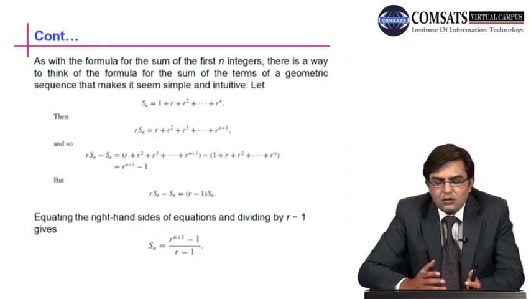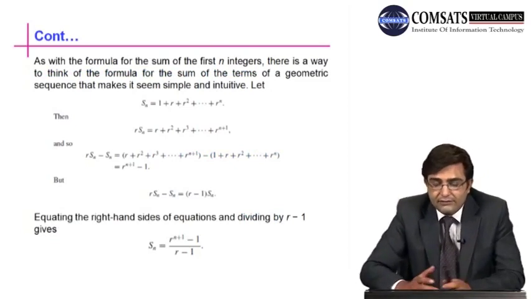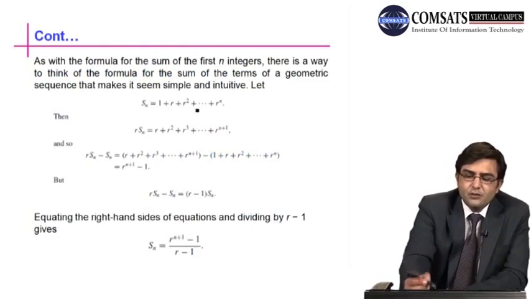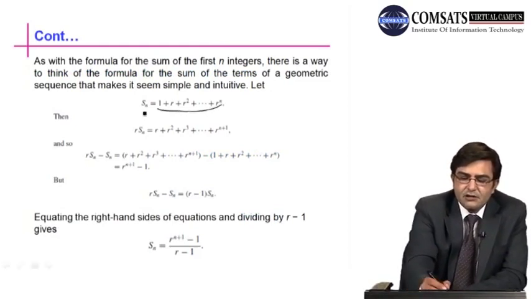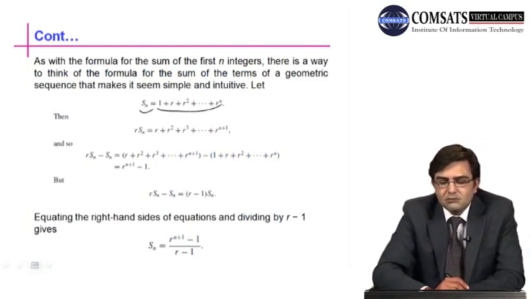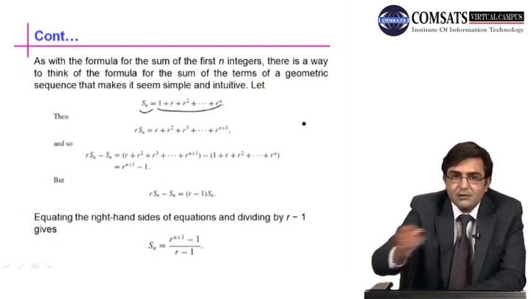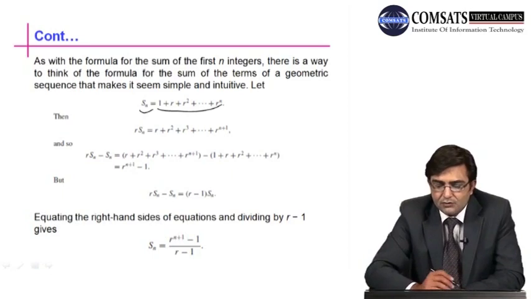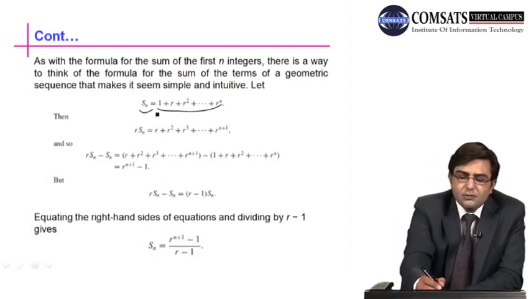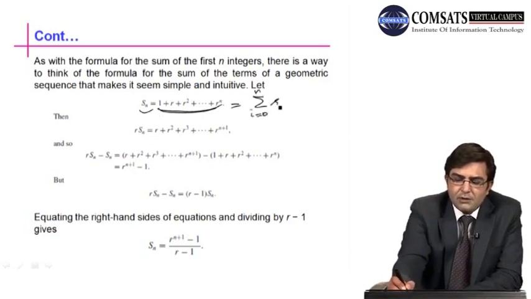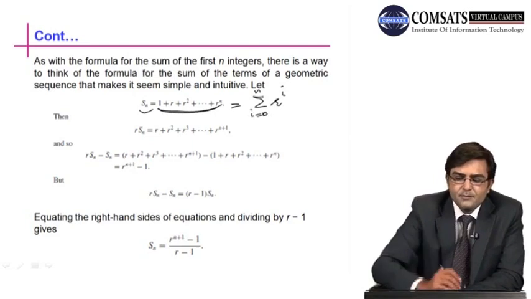Now how have we derived this series? For example, if we suppose that the left hand side is equal to Sn, how can we deduce that this sum is equal to r power n plus 1 minus 1 divided by r minus 1? Suppose that the left hand side, which is the summation of r power i for i from 0 to n, is equal to this.